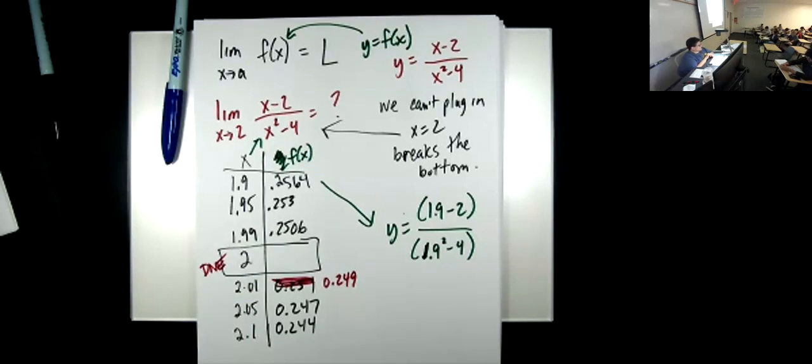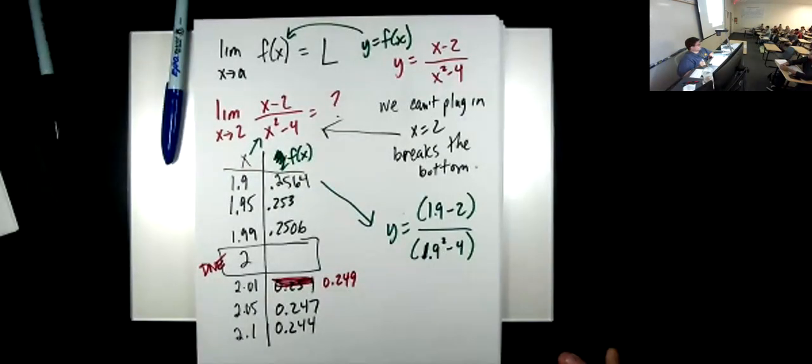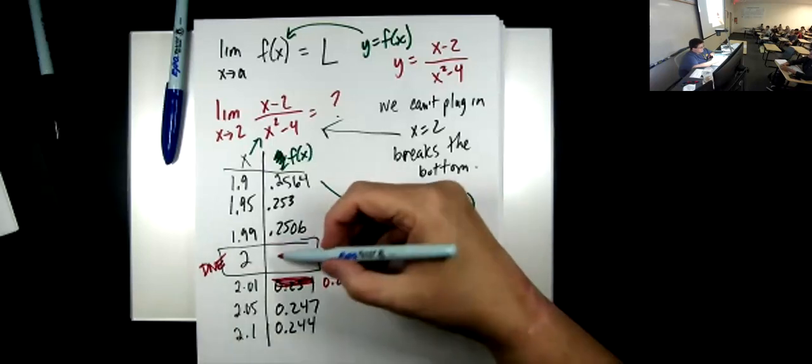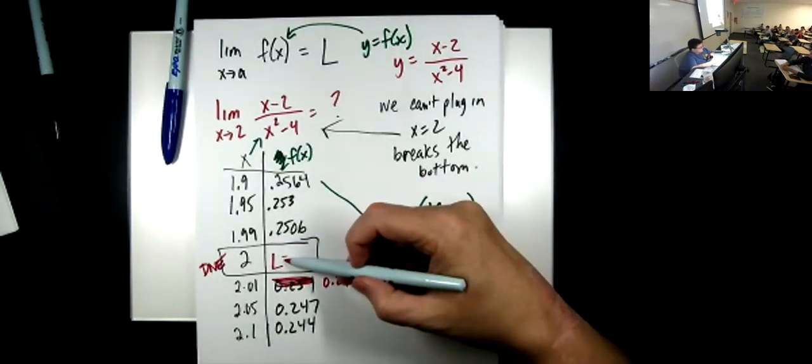DNE is short for does not exist. But it looks like the limit L is 0.25.